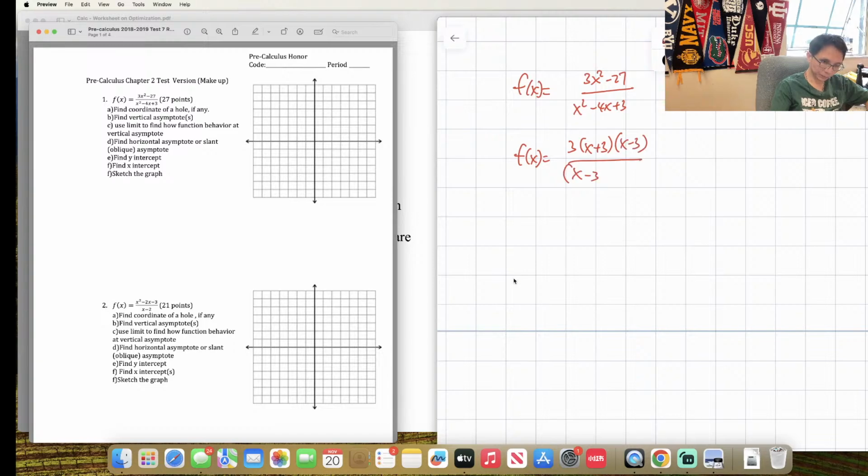Think of this as the x-axis, the horizontal, and the vertical asymptote. What is the whole distance? It's not 9, it's 6. Draw it out, do it in twos. It's 3, 9, right? That's a hole, right?